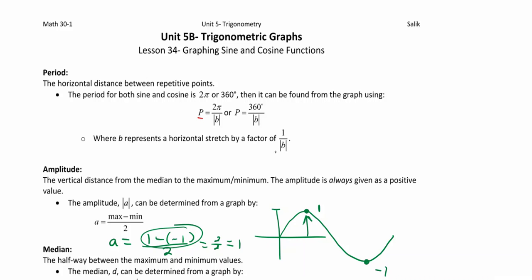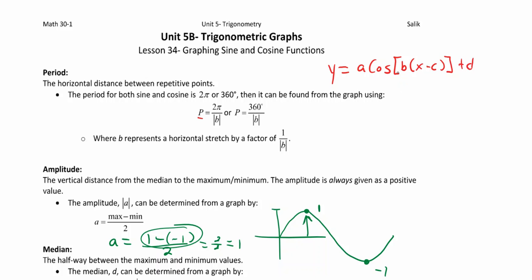Again, let's write out the equation. This one's cos, so y = a cos(b(x - c)) + d. We're dealing with that b value right now.